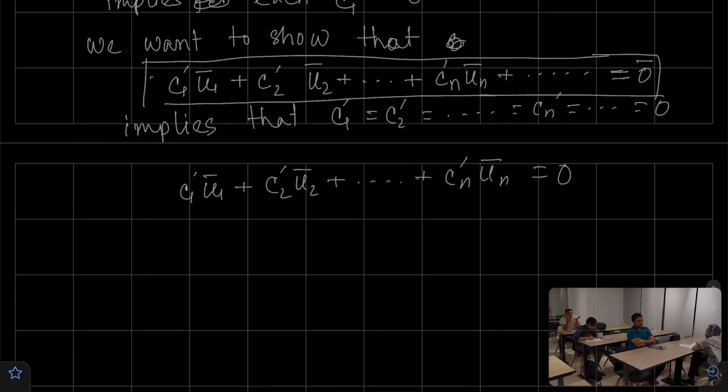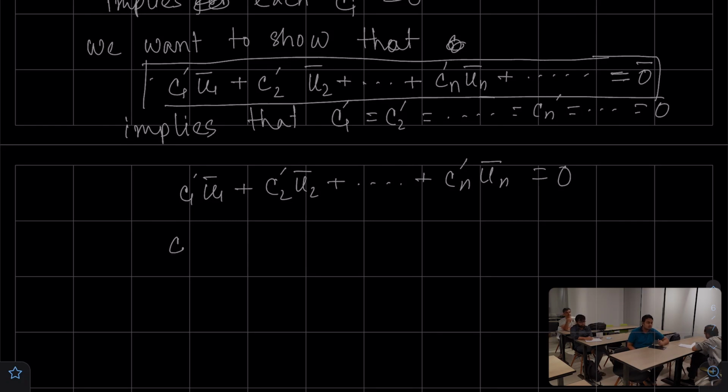Because you can always choose those c1s as c1 primes, there is no harm. And this will imply that c1 prime is equal to c2 prime equal to cn prime is equal to 0, right?